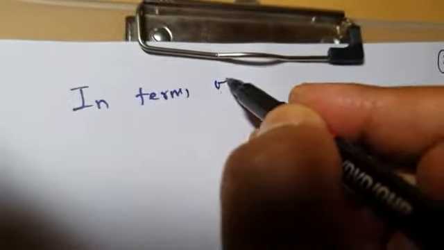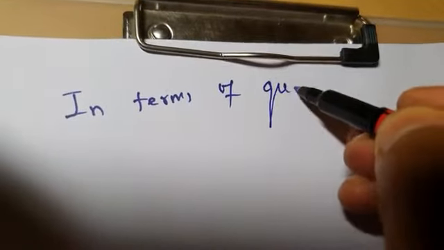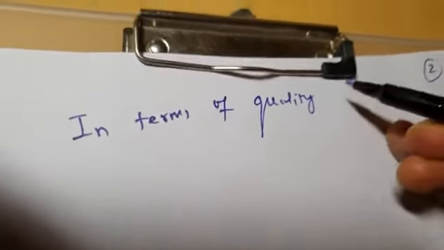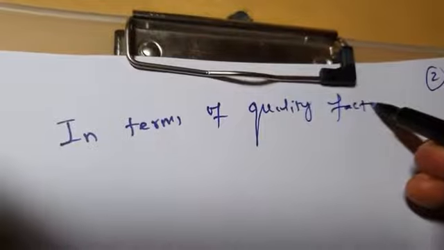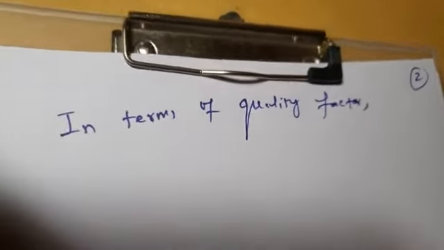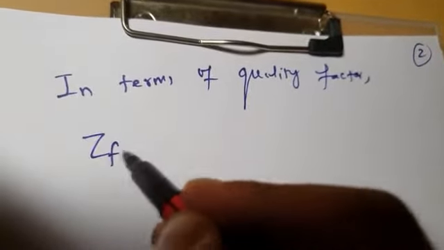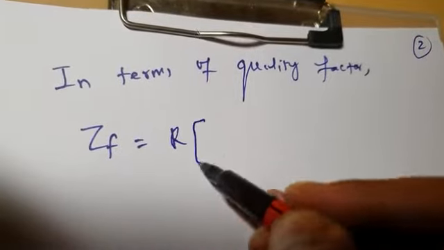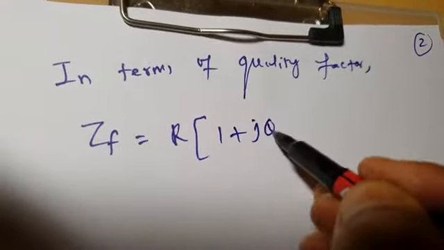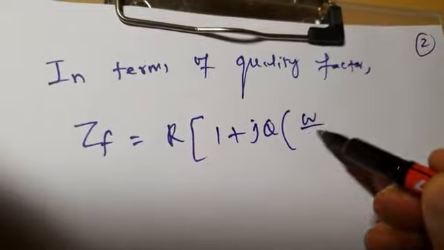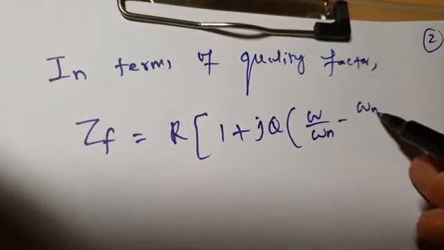Now, in terms of the quality factor, the expression for the filter impedance is given by this: ZF equal to R times (1 plus jQ (omega by omega n minus omega n by omega)).